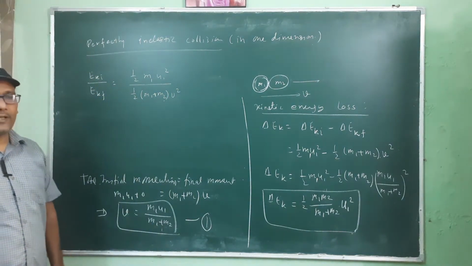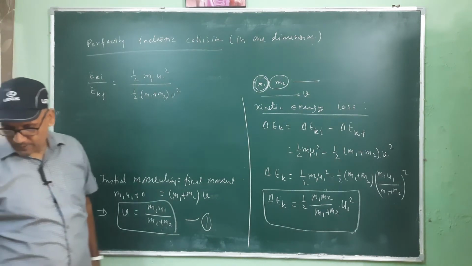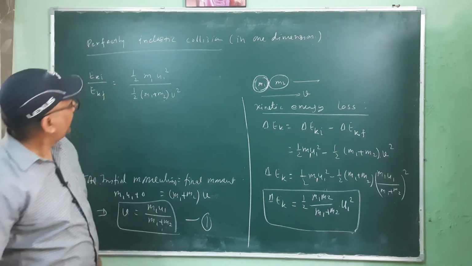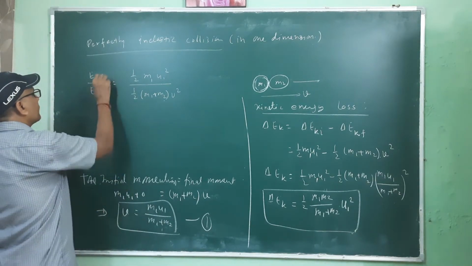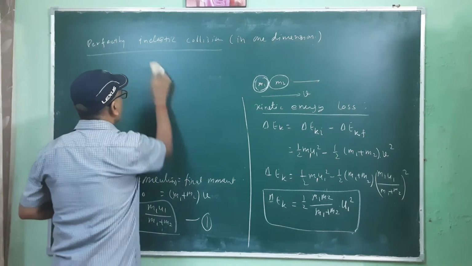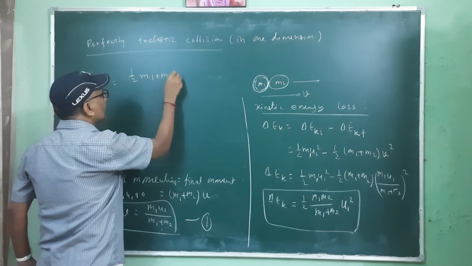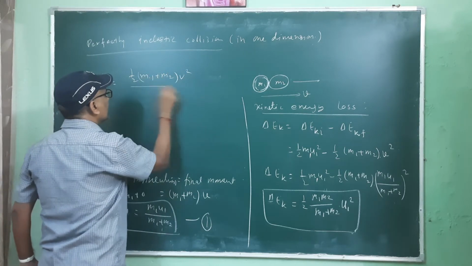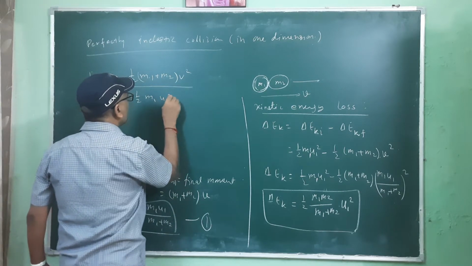If you want to calculate the ratio of these two, we take final by initial. Cancel: half m1 plus m2 multiplied by v square by half m1 u1 square.